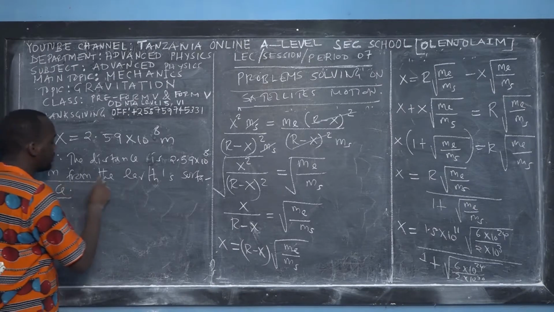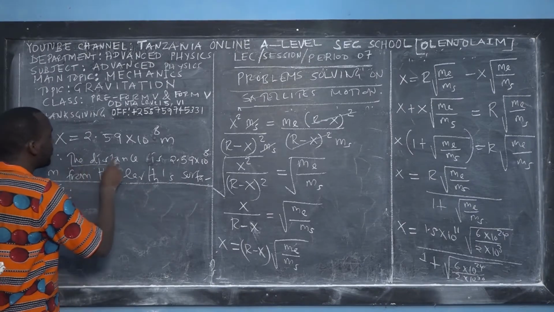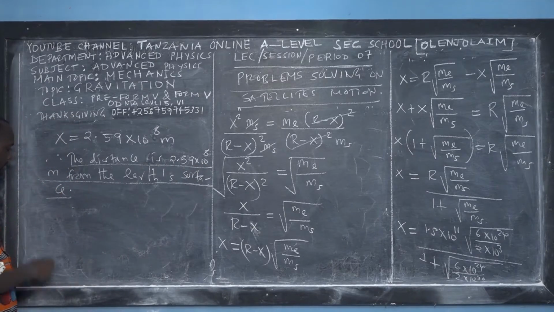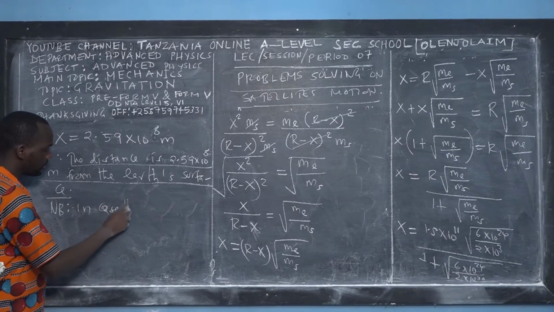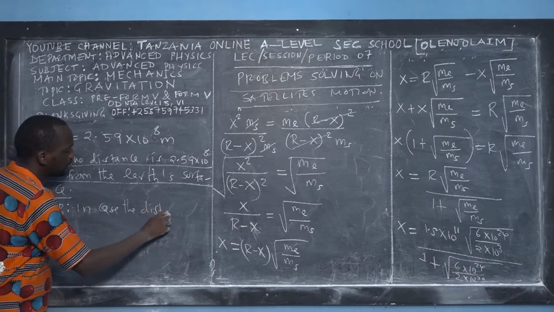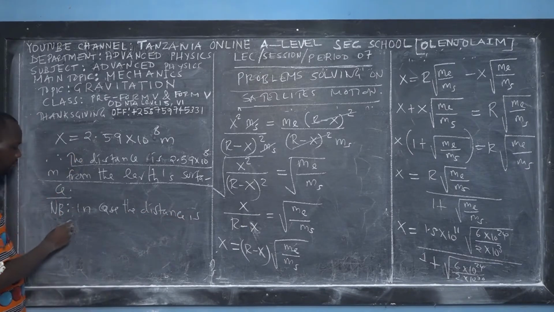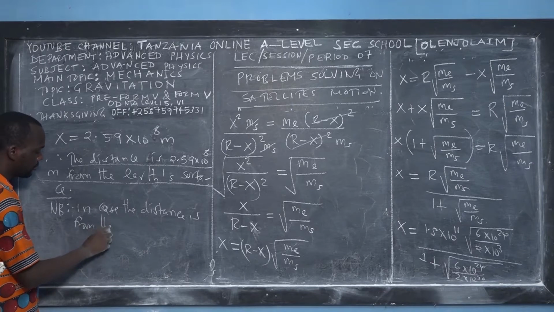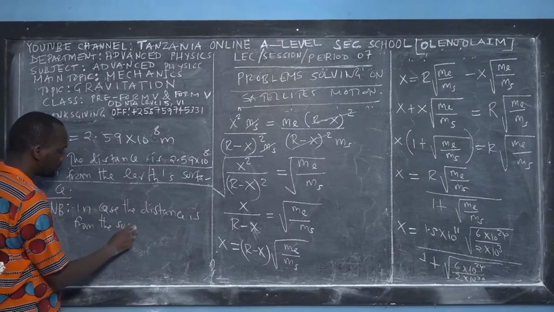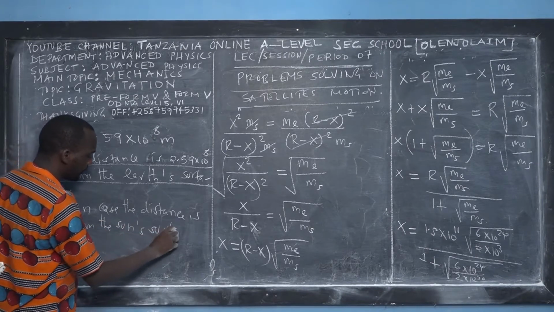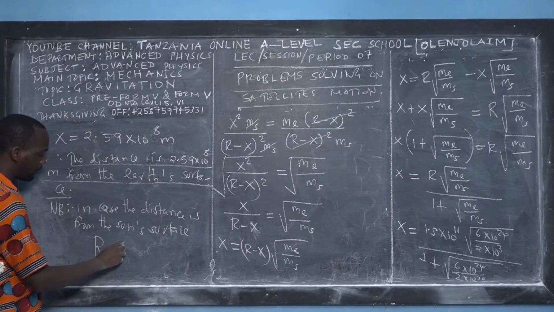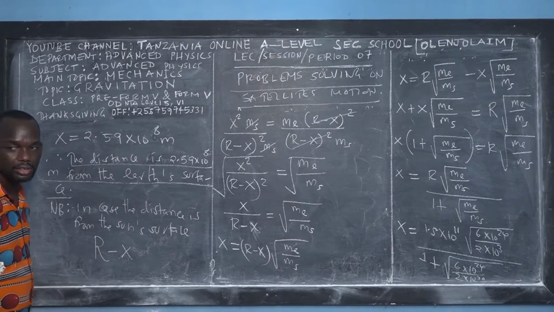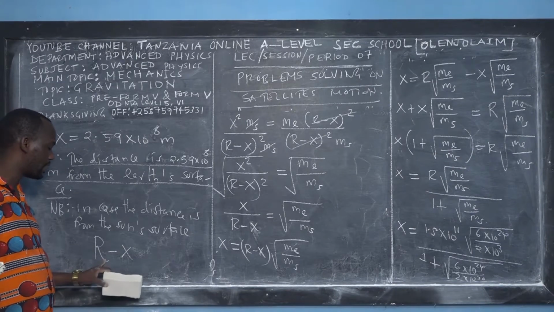In case we are asked for the distance from the sun's surface, we find it by taking R minus x, the distance from the center of the earth to the sun minus the x.